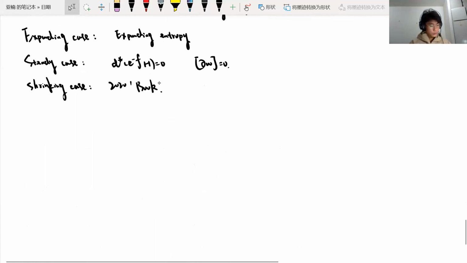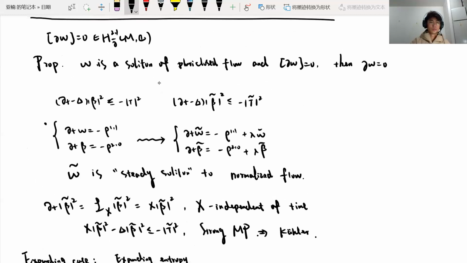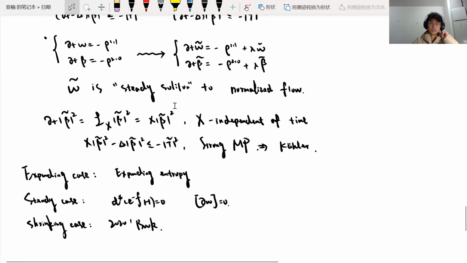All I want to say about this is that this condition is more like a generalization of the Kähler case, because if the class is not zero, the behavior of the flow is more difficult, and we can find many really non-Kähler solitons.